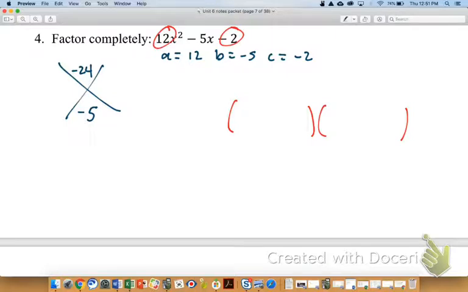And I start to think, well, how do I get the 3 times 4 to work with the negative 2 to be a negative 5? And I think to myself, well, 4 times 2 is 8, and 3 times 1 is 3, and 8 minus 3 is 5. And I start to think, oh, okay, so I'm going to go 3x here, I'm going to go 4x here, and let's see here. I need this to be a minus 2 because that'll get me to negative x. I need this to be a plus 1. That'll get me to 3x, and I'm done.